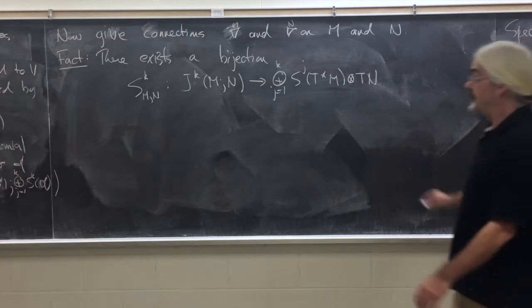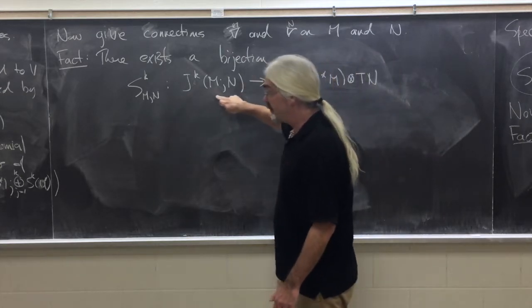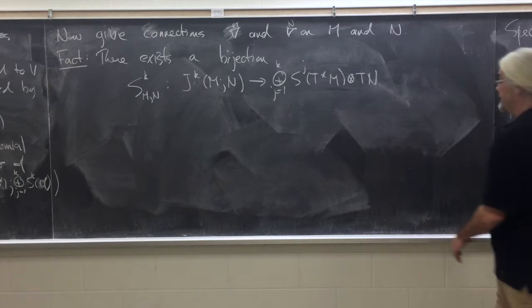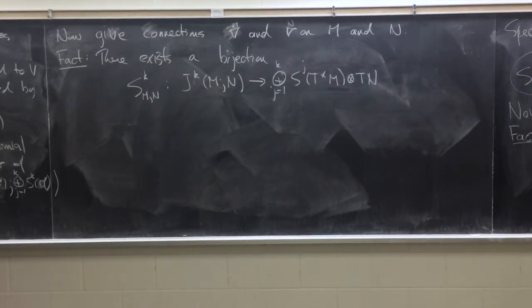And so there are two steps here. One is you identify this with algebra homomorphisms of these kinds of spaces. And then the other step is that you think about what algebra homomorphisms look like, and they look like this.